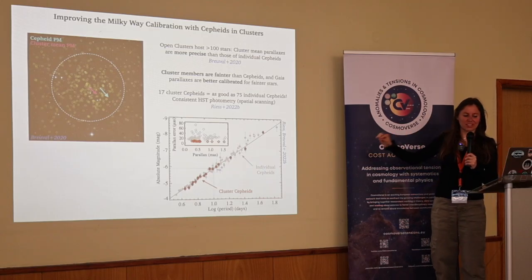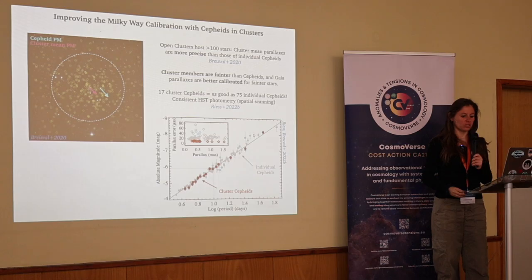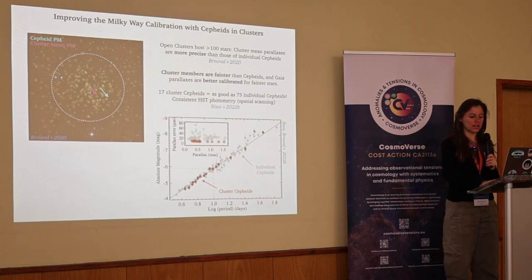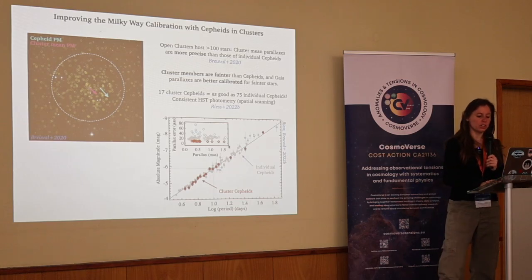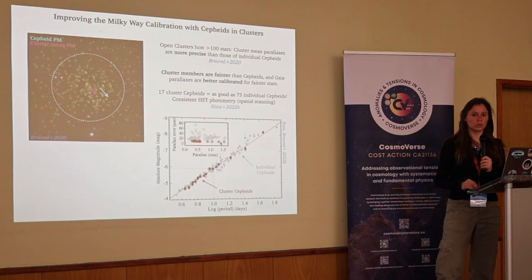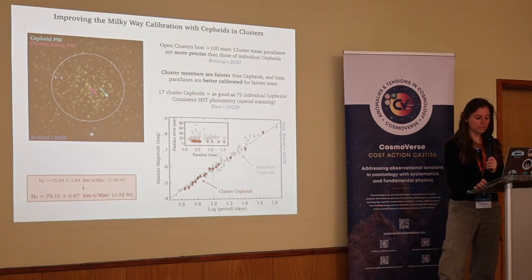The dispersion is much better with the clusters, and if you don't see it clearly, you can look at the smaller figure, the inset here, with the precision, the uncertainty, on the parallax. In red, the clusters are way lower, have way smaller uncertainties than the individual Cepheids.